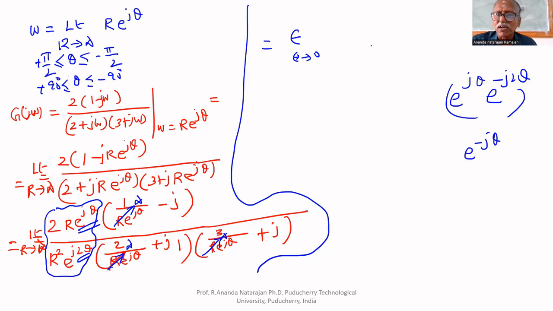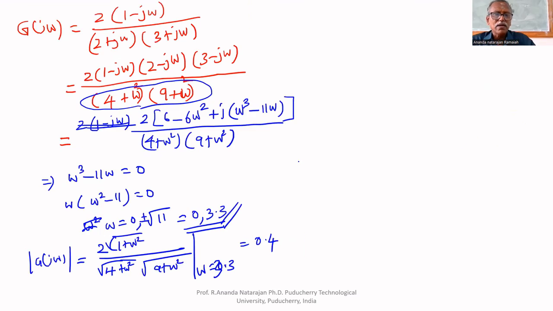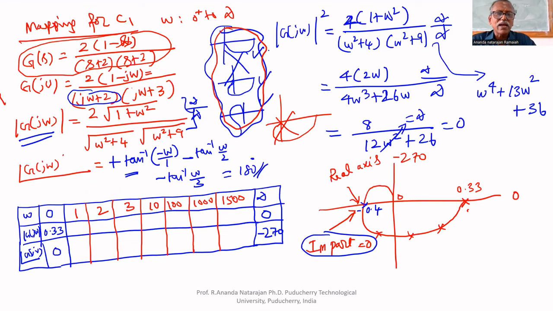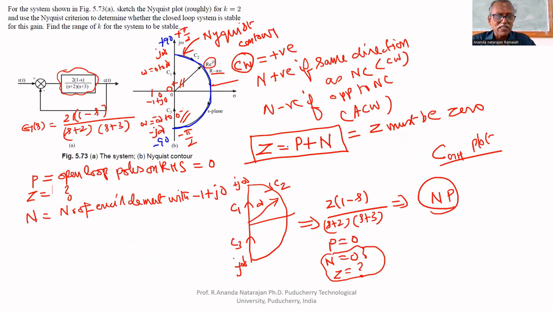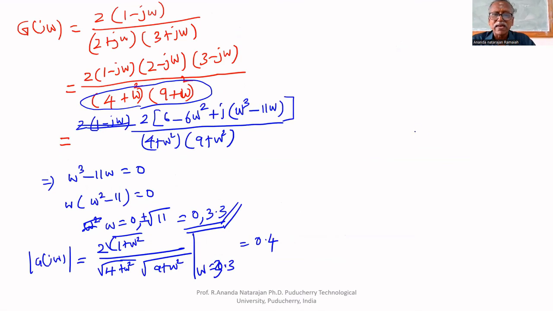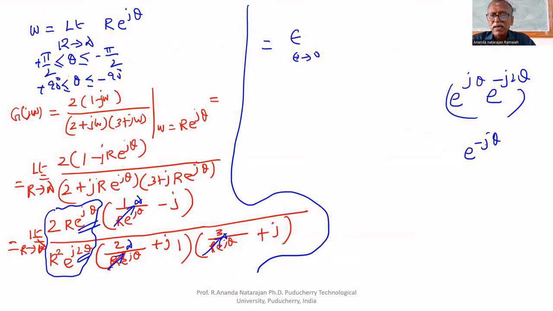So the angle varies from, what is the Nyquist contour angle? Pi by 2 to minus pi by 2. If you substitute here minus pi plus pi by 2, it becomes minus pi by 2.